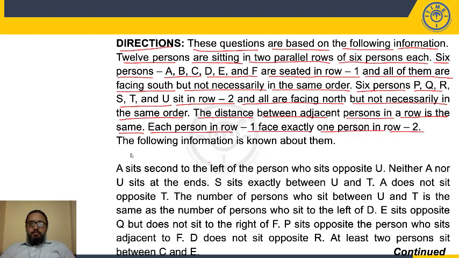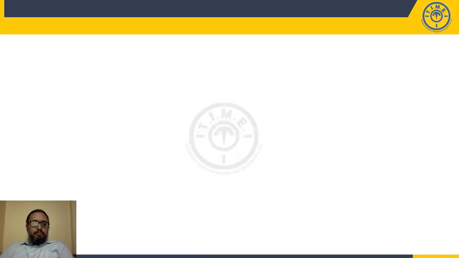So it's a two row arrangement. Okay. So you have A, B, C, D, E, F, row 1 facing south, P, Q, R, S, T, U, row 2 facing north. So this is row 1 facing south. We have A, B, C, D, E and F, and there are 6 people.